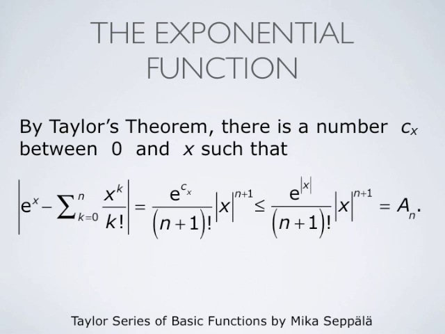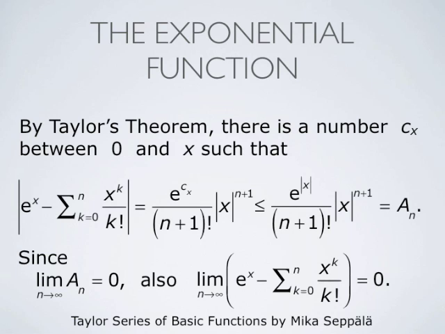And this is the quantity a_n that we just considered a moment ago. And we know that the limit of these quantities a_n is 0 as n grows towards infinity, and this means that the limit as n goes to infinity of e to the x minus summation k from 0 to n of x to the power k divided by k factorial is 0.